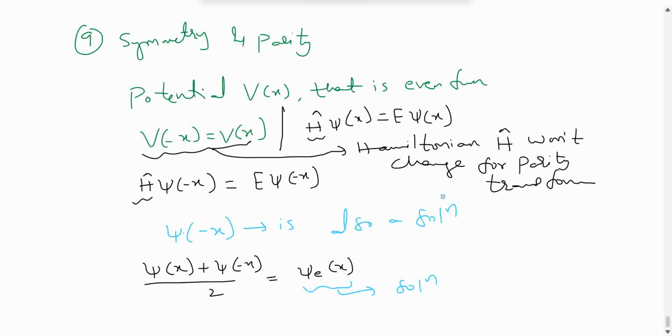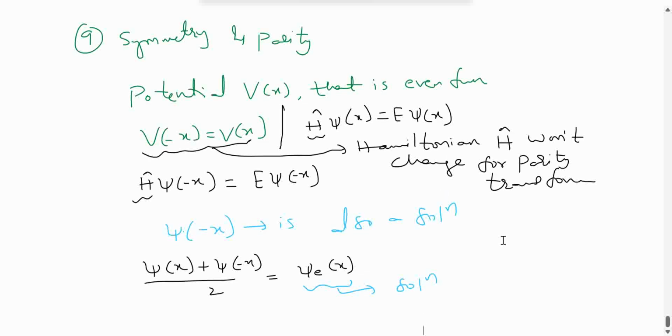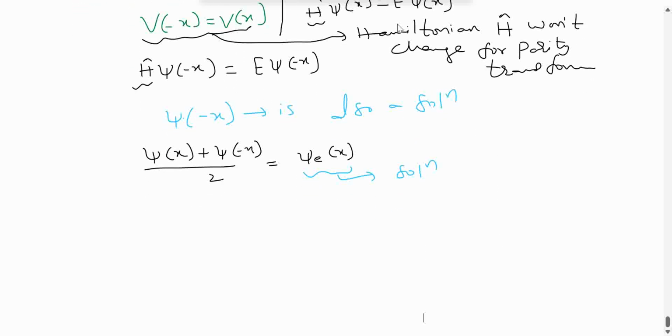And what can we expect as another solution? Suppose we do psi of x minus psi of minus x by 2, this will give us an odd function, and it can also be a solution.